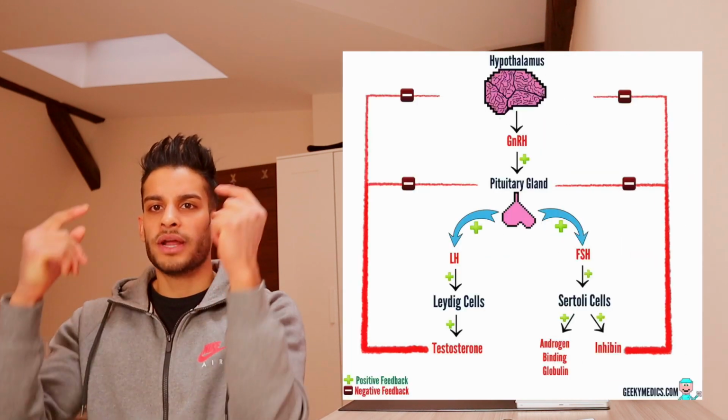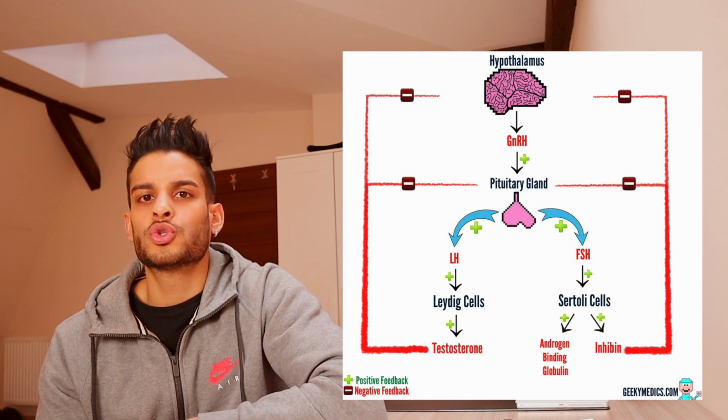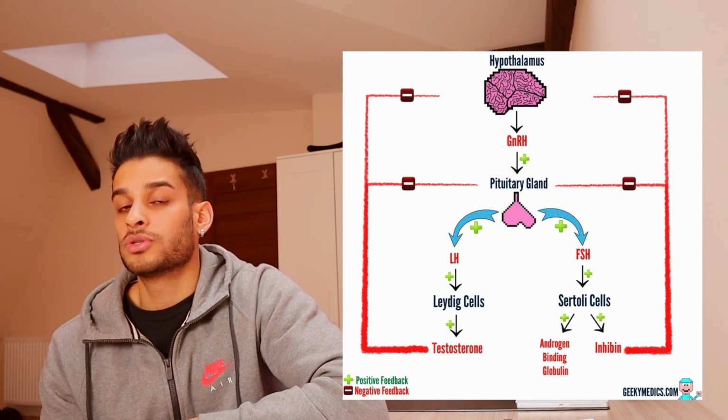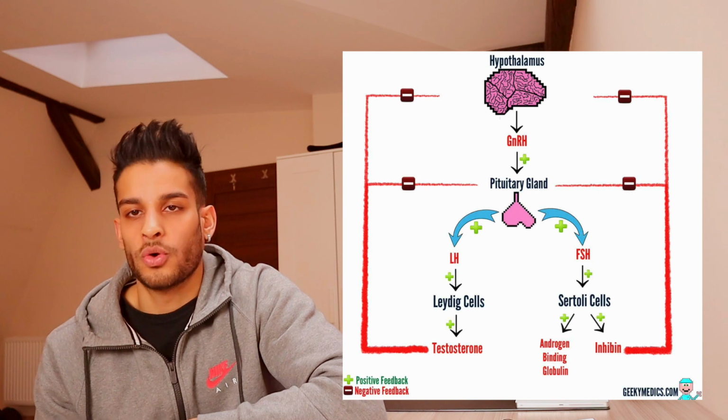Before I even start, I want to start from the beginning, tell you where it comes from, what its functions are, and just the pathway, okay? It all begins in the brain, in the hypothalamus, which produces gonadotropin releasing hormone, secreted into the hypophyseal portal system.